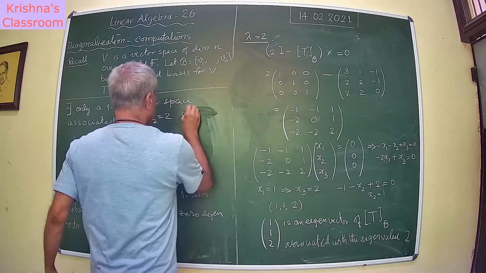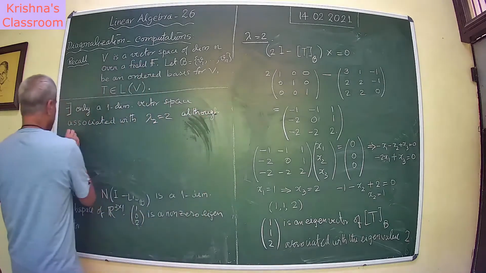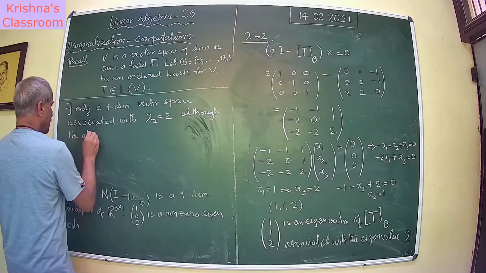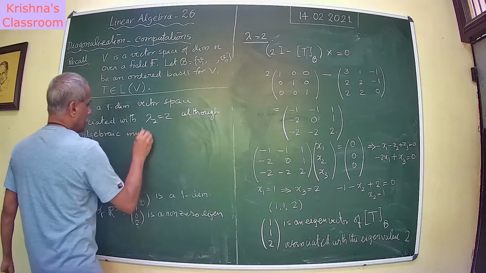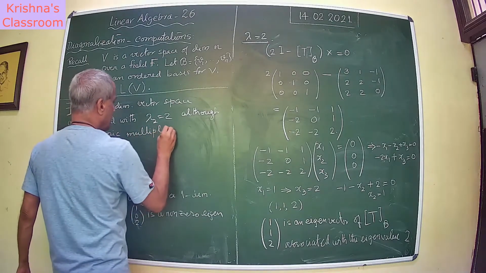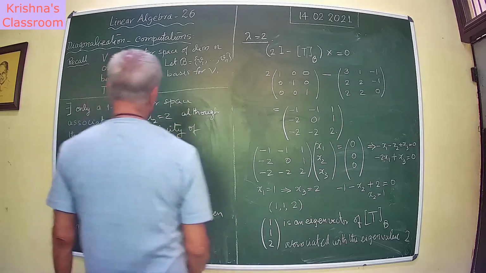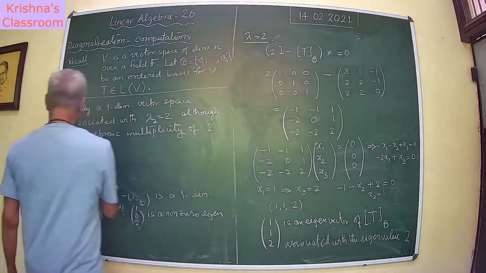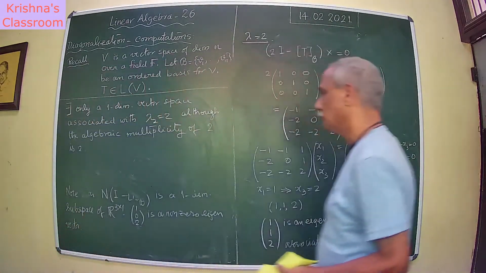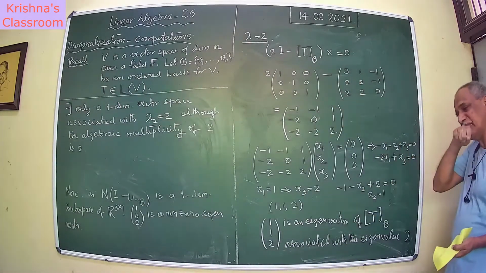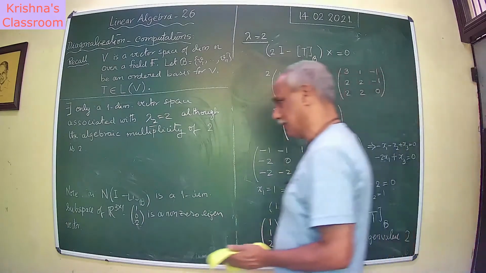Follow the algebraic multiplicity. So the algebraic multiplicity need not, and there is no way in which you can get another eigenvector.